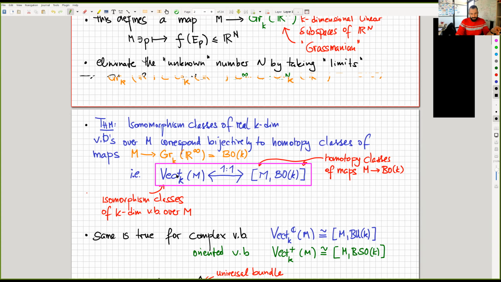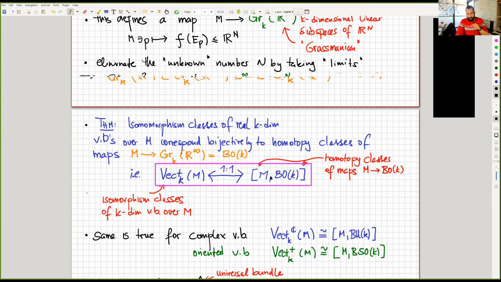Because every vector bundle corresponds uniquely to a map from M to BO_k. And if you change the map to a homotopic map, this will just change the vector bundle to another vector bundle, but which is isomorphic to the one we started with, right? So if you go from one vector bundle to another one which is isomorphic, you go from one map to another map which is homotopic.